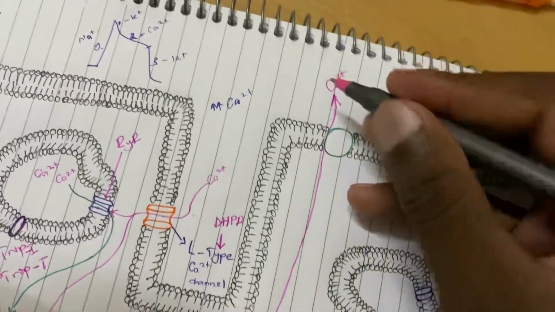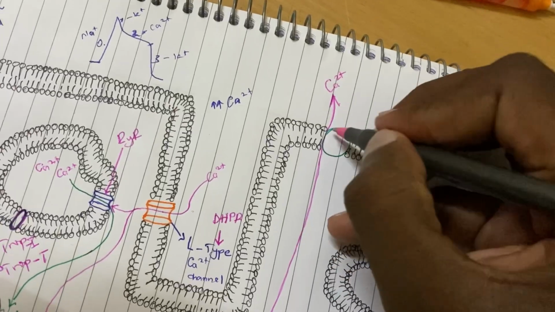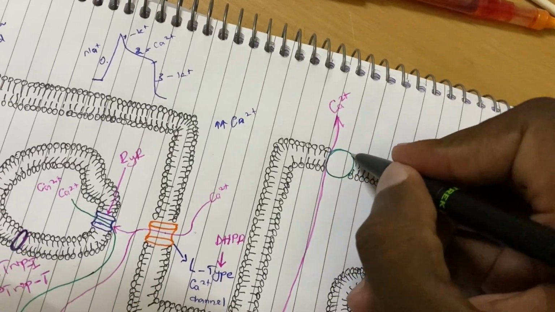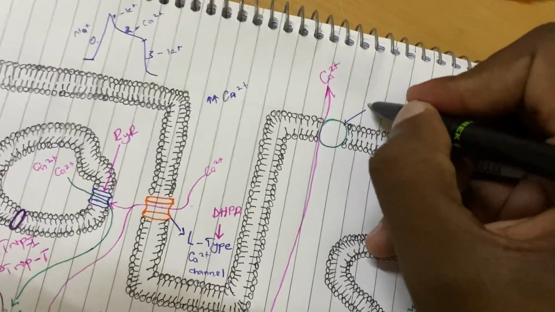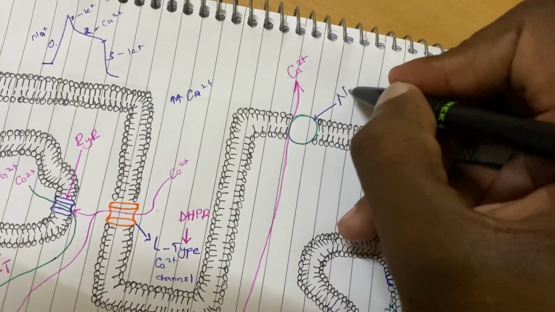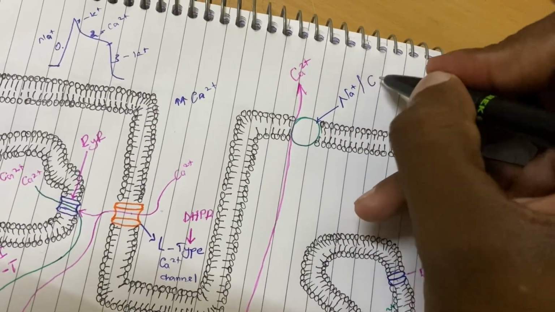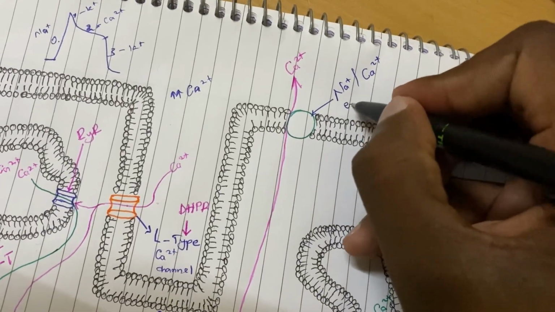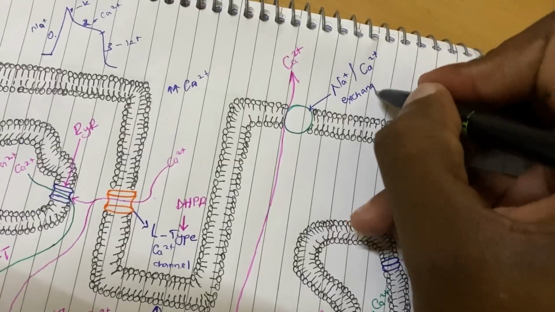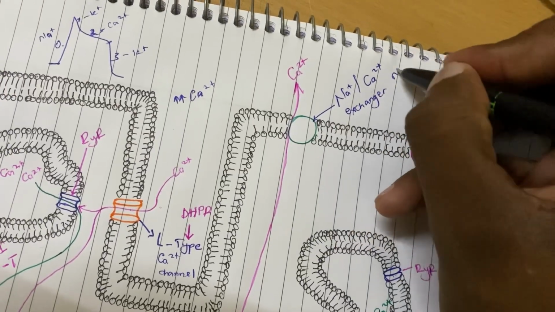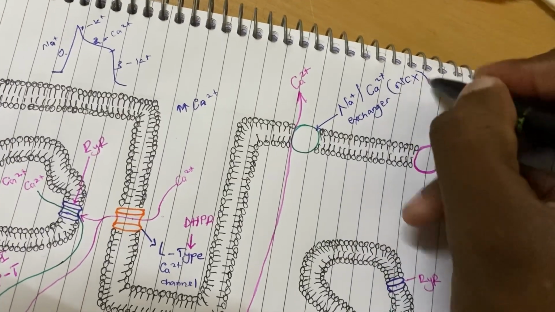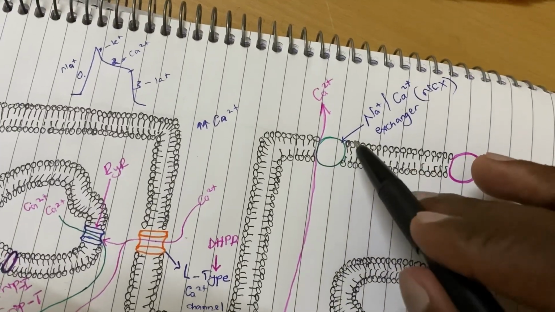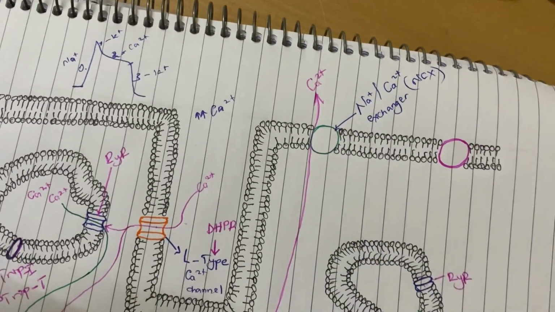This guy here, I can label, is called the sodium calcium exchanger. It just exchanges. Sodium calcium exchanger, that is how it is called in short. So it exchanges calcium for sodium.